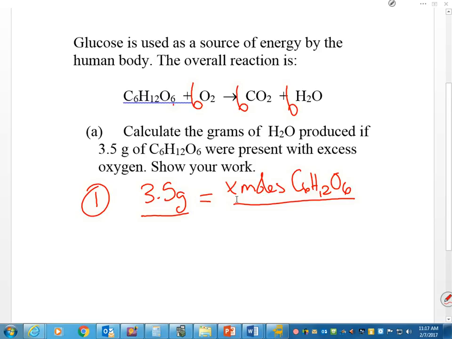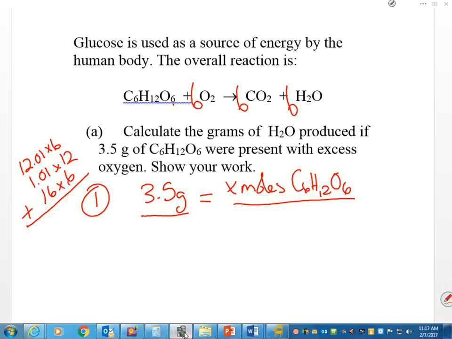So when we look at it, and I just do it on the side, carbon is 12.01, and I times it by 6. Hydrogen is 1.01, I times it by 12, and oxygen is 16, and I times it by 6, and then I add those totals up. Is that correct? Did I get any numbers wrong? Because sometimes I'm just going off my head, right? So sometimes I get them wrong.